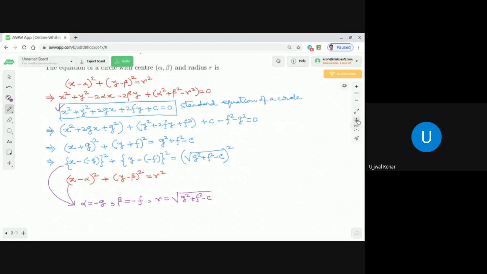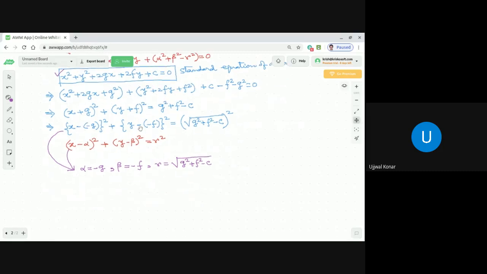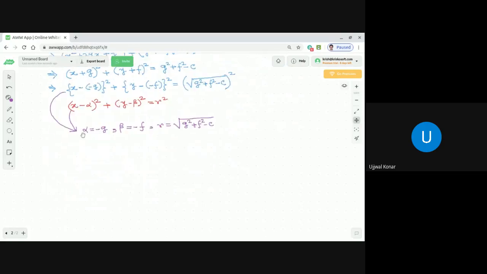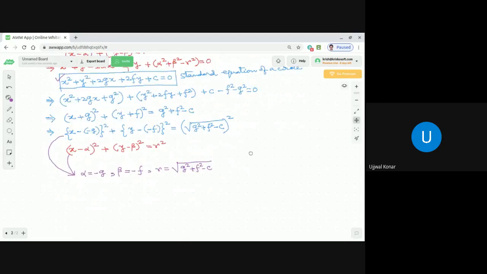So what we see, dear students, is the standard equation of a circle.